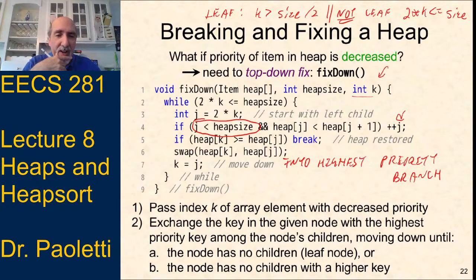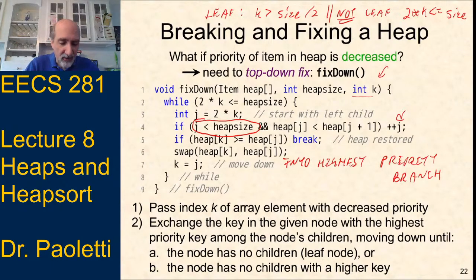So we check if we've got children, we figure out who's the highest priority child. We check if the heap property is restored, we can break, we're done. And if not, if we didn't break, then we swap with the child, the highest priority child, and we move down into the branch of that highest priority child. And then we go back through the loop.